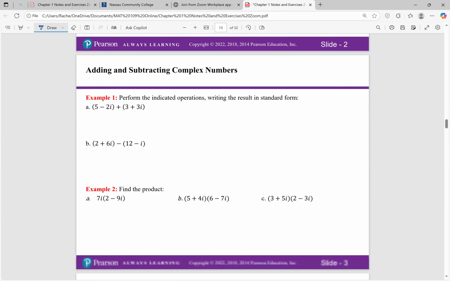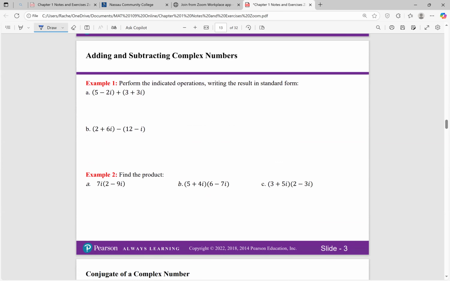Okay? And we're going to practice. So look at example 1. It says perform the indicated operation and write the result in standard form, which is, let's just put up here to remind ourselves, a plus bi. What if in A, I want to take 5 minus 2i and add 3 plus 3i? So this is 5 minus 2i plus 3 plus 3i.